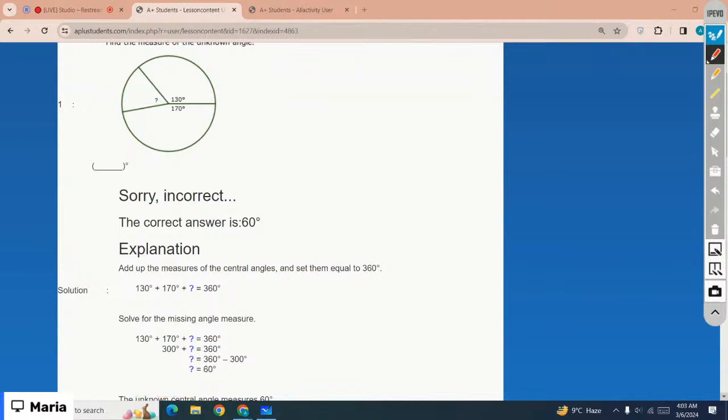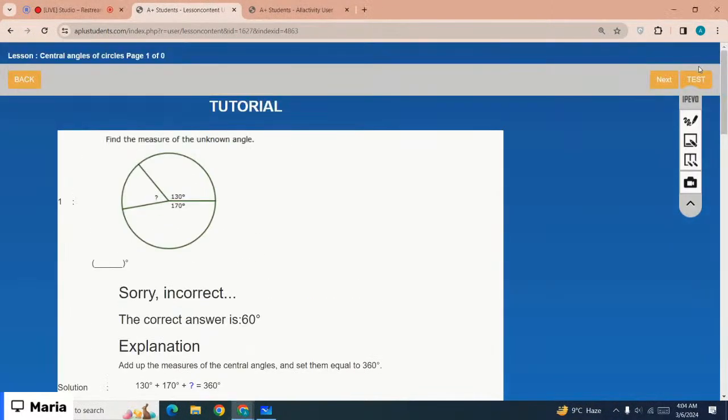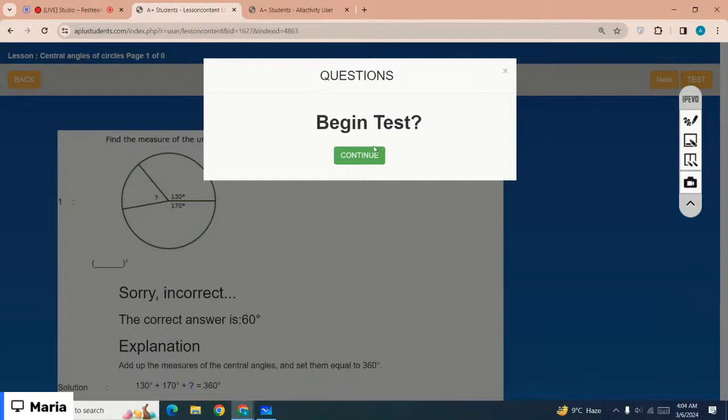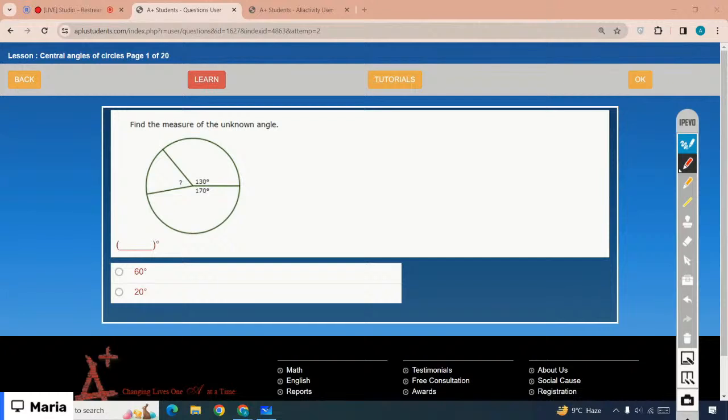Let's start with the test questions. Find the measure of the unknown angle. That's exactly the same as what we just did. We know that the sum of all the angles in a circle must be 360 degrees. You have 170, 130 and the missing angle.